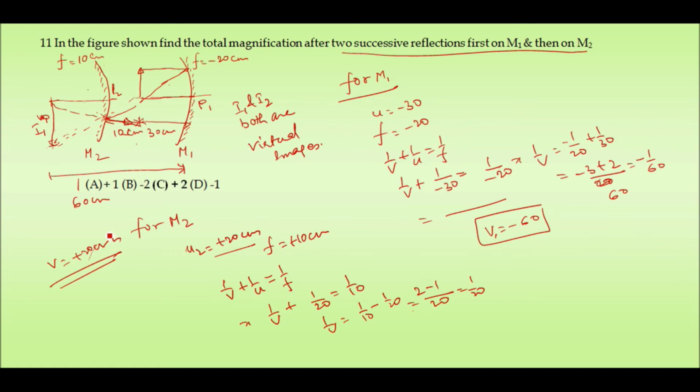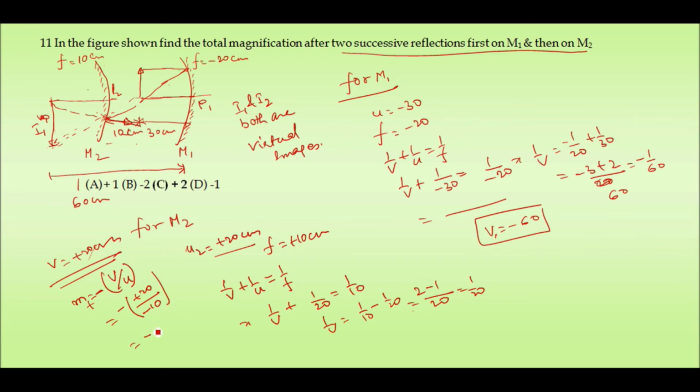Now you have to calculate the magnification. So magnification M is equal to minus V by U. So this is the formula of transverse magnification. So here V is equal to plus 20 and U is minus 10. If you see this object distance, it is 10 centimeters. So U is minus 10.